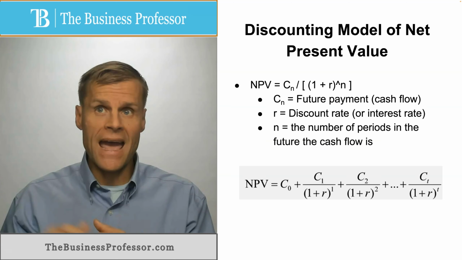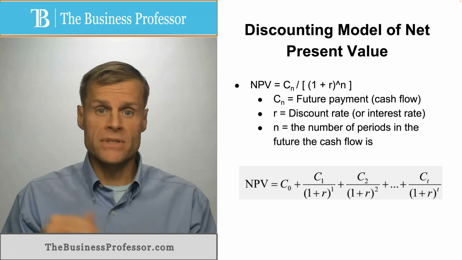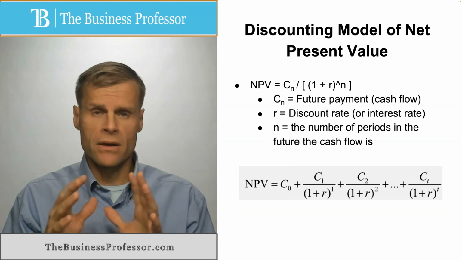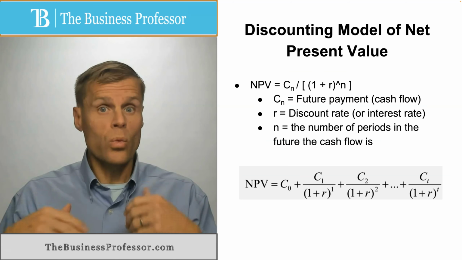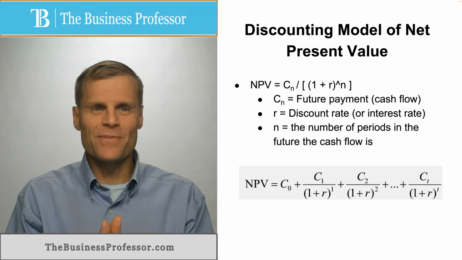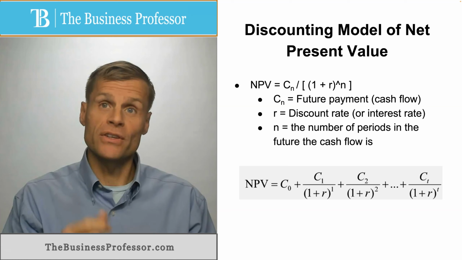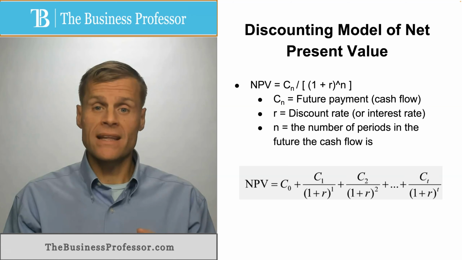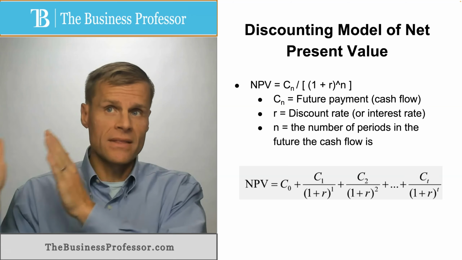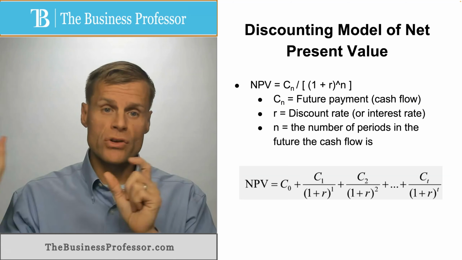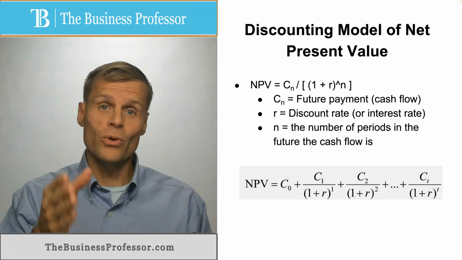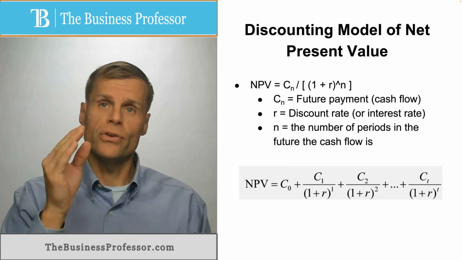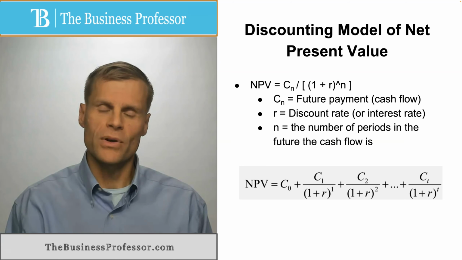You can't simply say 5% plus 5% is 10%, because the compounding factor doesn't work that way. That's a topic for another discussion, but just to understand how it works, you add up the value of these future discounted cash flows, and that brings it back to your present value, your NPV, net present value.